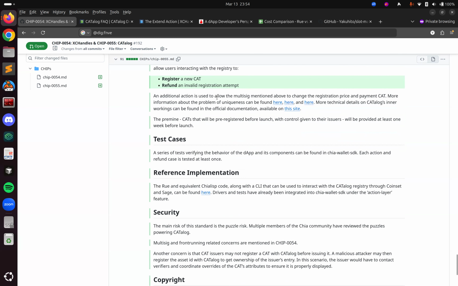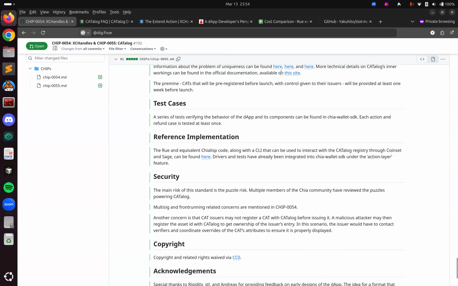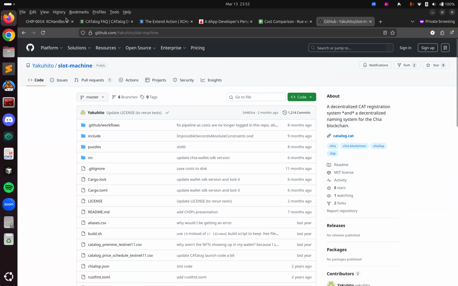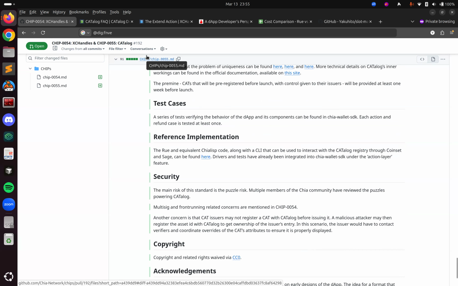You also have the additional path for the future where the multi can update the pricing currency and the price. And all I said about XCHandles with Rue and the Chia Wallet SDK and the slot machine repository that contains the CLI holds for catalog as well.